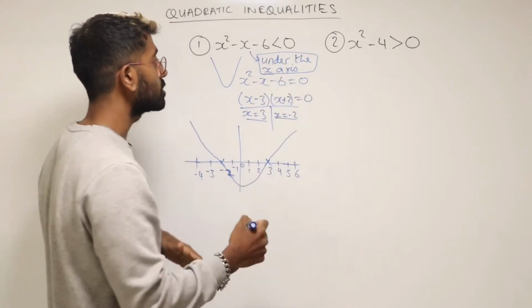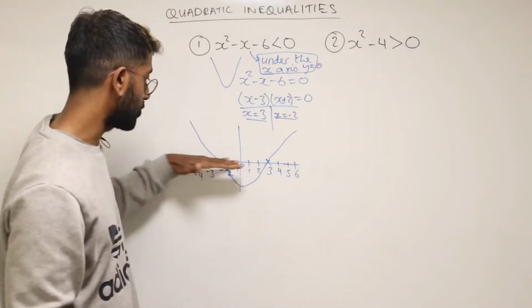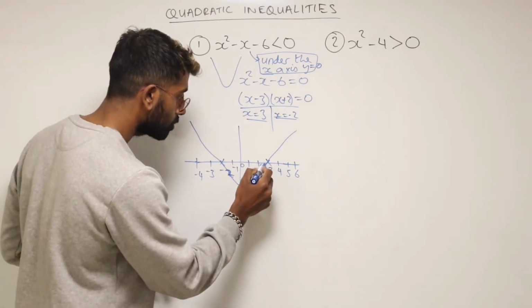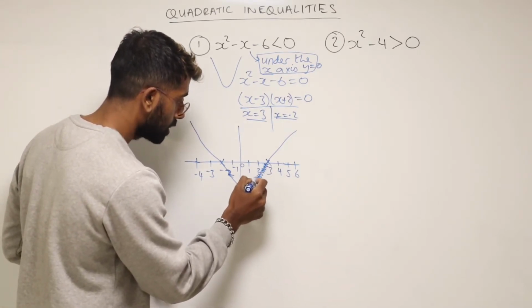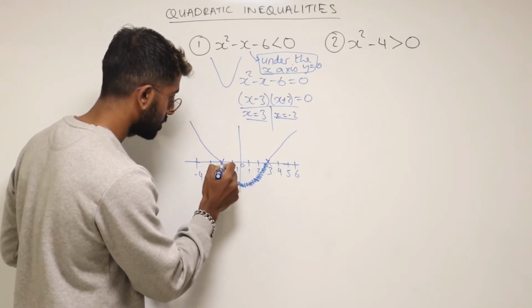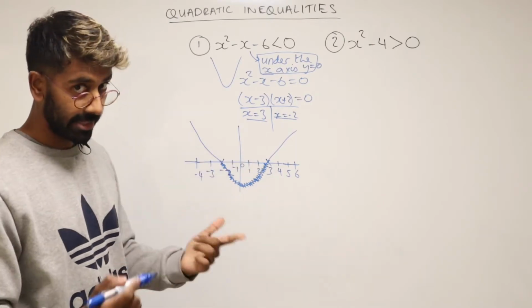And that's because on the x-axis, we know that's also y is equal to 0. So we're finding where this graph is less than 0. So what it's referring to is this part of the graph, because you can see that all of this part of the graph is underneath the x-axis.